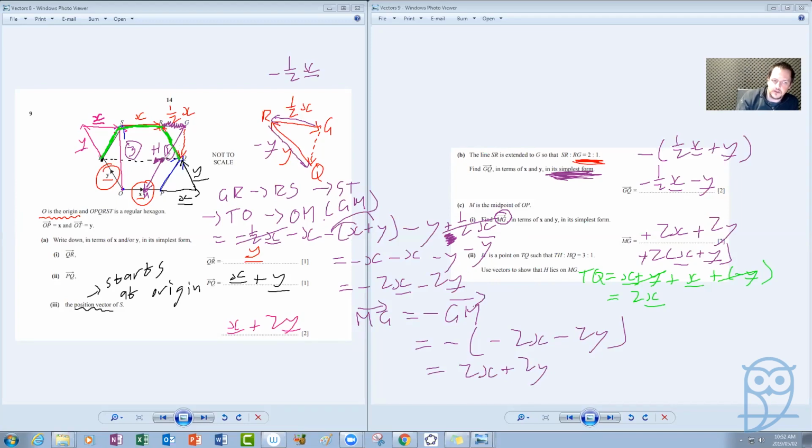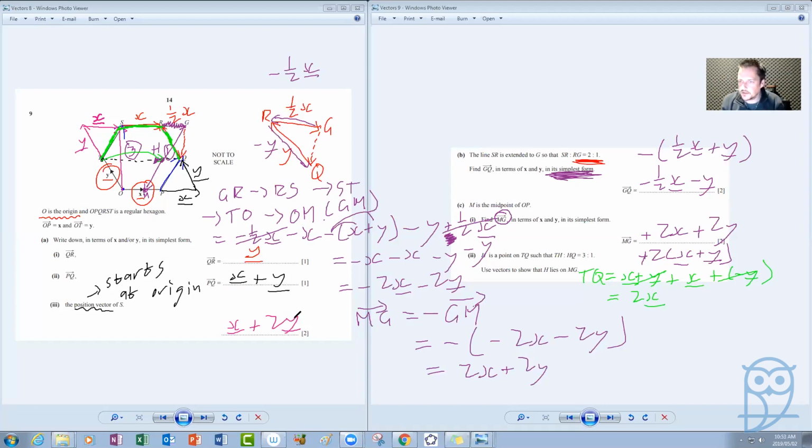So if I have a look at this, I want to try and find H over there. Well, if that whole length is 2x, what is the length just up to H? Well, it's going to be 3/4 of the whole length.